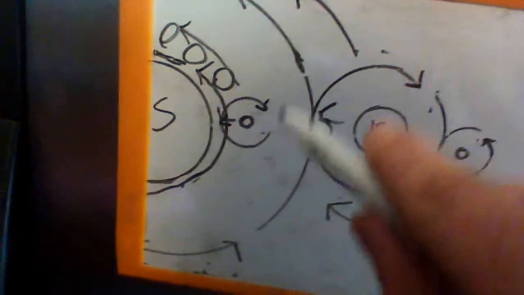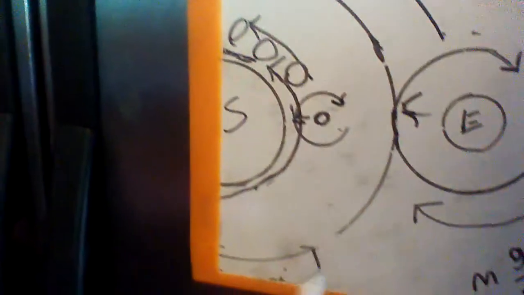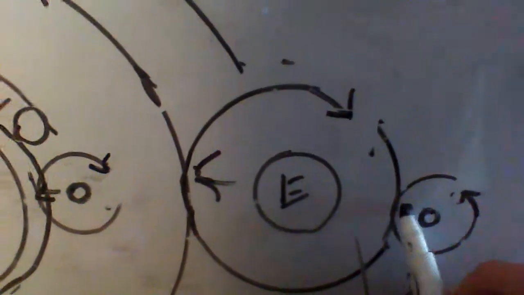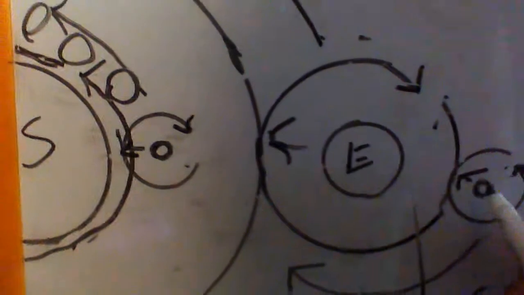So you get a spin, and this ball basically rolls around the sun because of the sun's magnetic field pushing the Earth, and it gets an orbit. Same thing with the moon. The moon wants to get on the Earth, so the moon follows suit with the Earth and goes around the Earth.